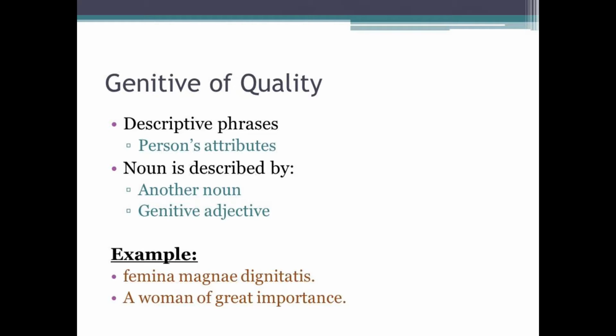For example, femina magnae dignitatis, a woman of great importance. So notice you have the noun being described, femina in this case, another noun, dignitatis, meaning importance, and an adjective in the genitive case, magnae.